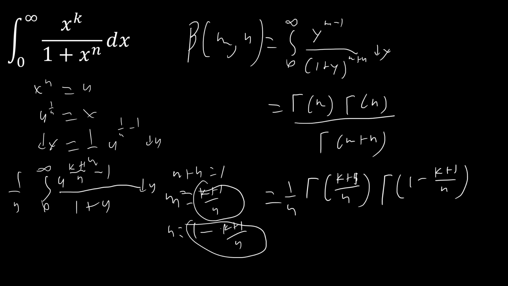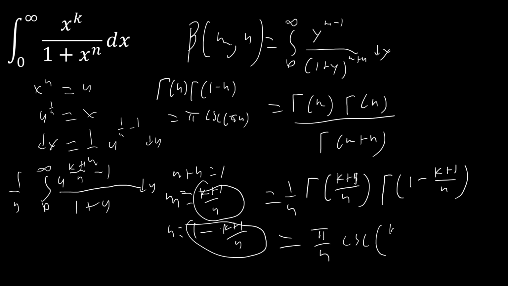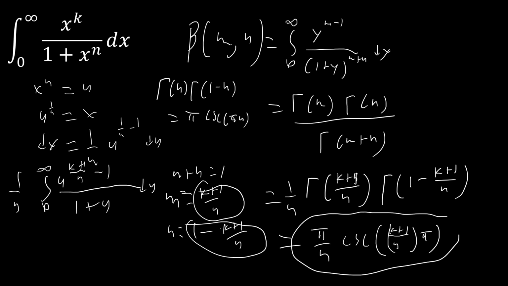And then we're going to use Euler's reflection formula, which says that gamma of z times gamma of 1 minus z equals pi cosecant of pi z. And so this is all just going to equal pi over n cosecant of k plus 1 over n pi. And so that's our answer.